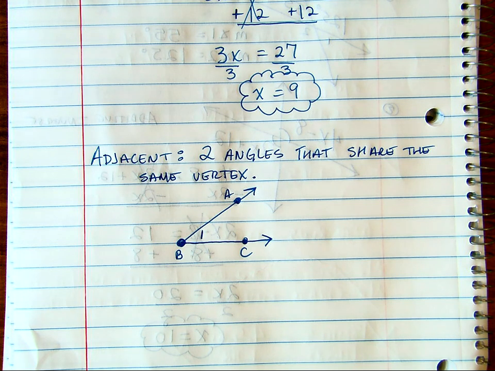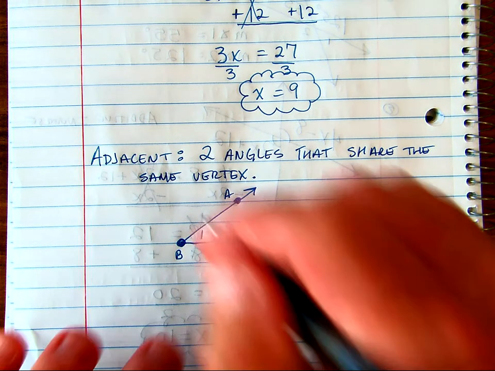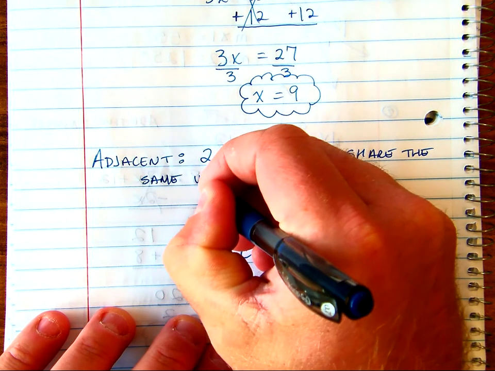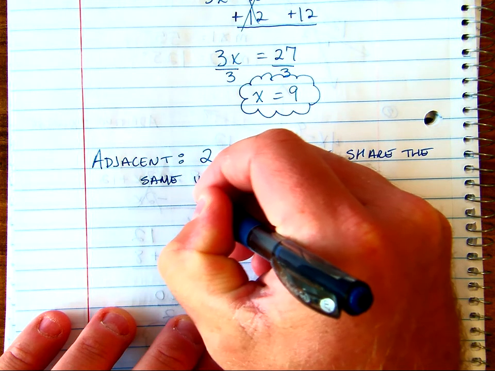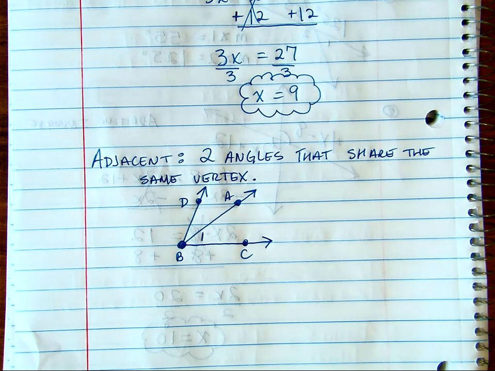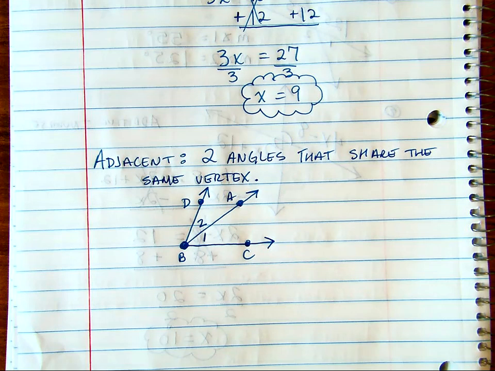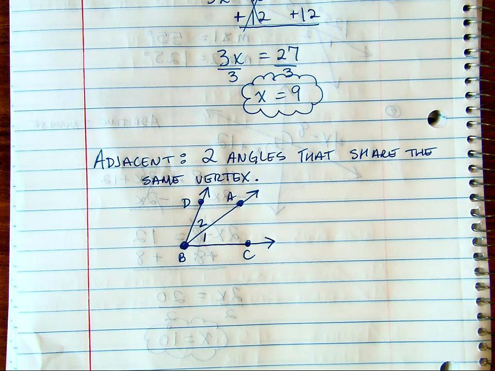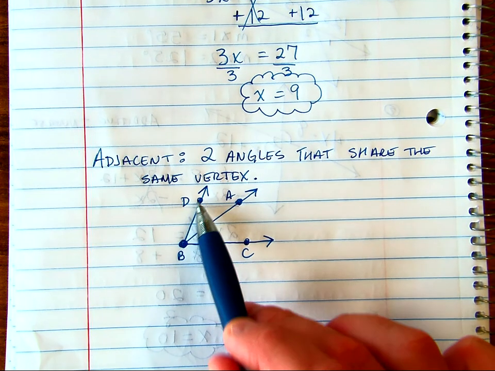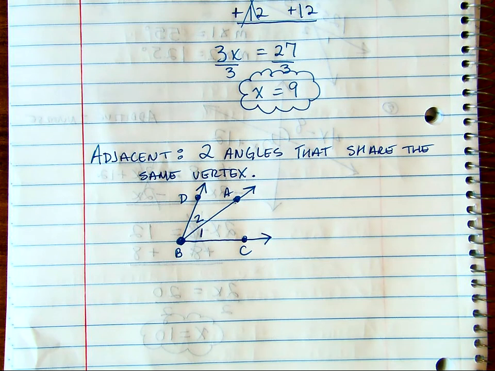Now, to make this adjacent angles, we need another angle. So watch what I do. And now look. I have angle DBA, and I have angle ABC.